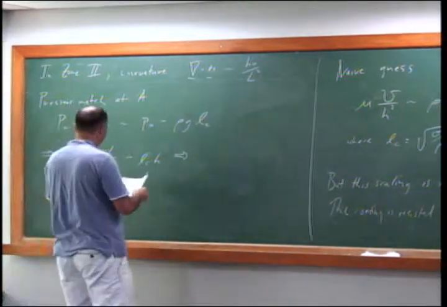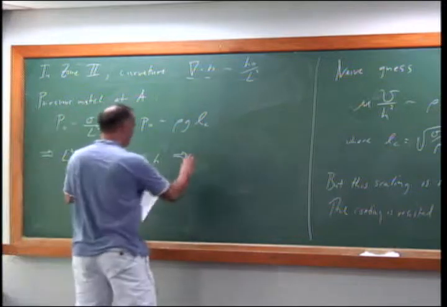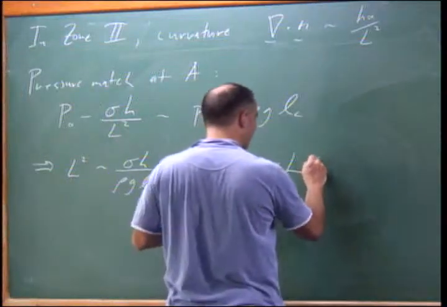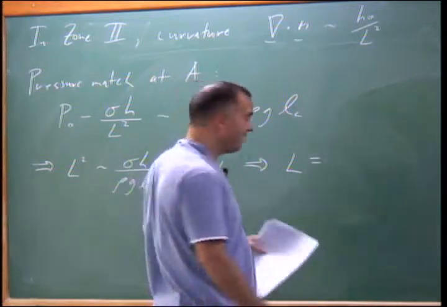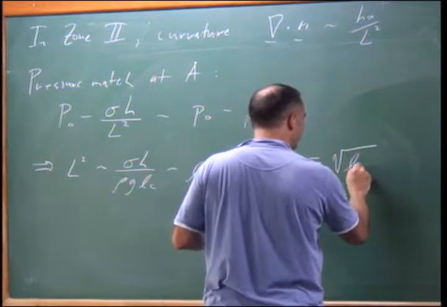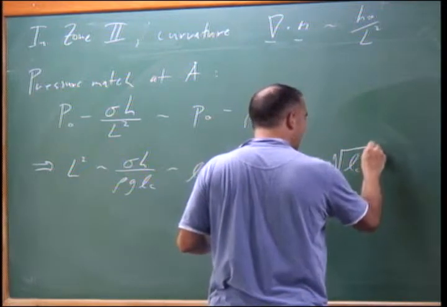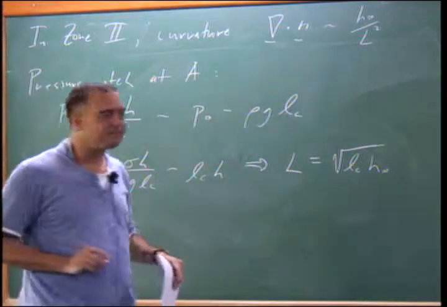Okay, so right, this tells us basically what L is. So our length L, which is as we said slightly arbitrarily defined, has a characteristic order, which is the geometric mean of the capillary length and the thickness, h infinity. Okay?